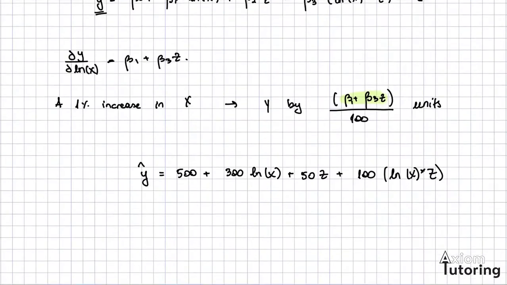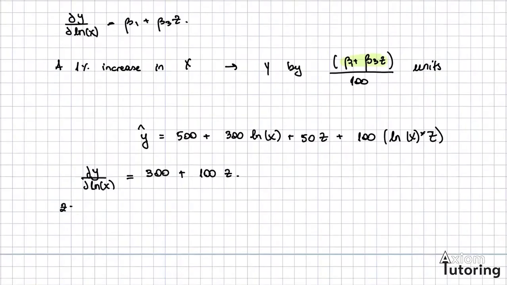And in here, given the derivative of y with respect to ln x being beta 1 plus beta 3z, this will give us 300 plus 100z. And you can check all the values for z equal to 0, z equal to 2, maybe it's a better number, and z equal to 5, so that you can really see how by moving z your effect of a 1% increase in x is going to raise y by different units.